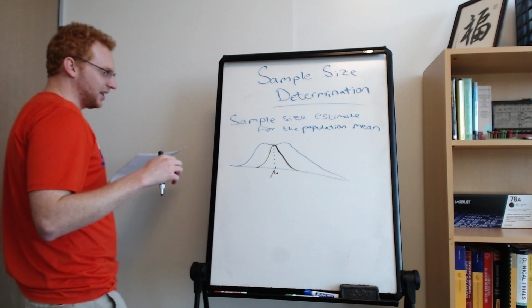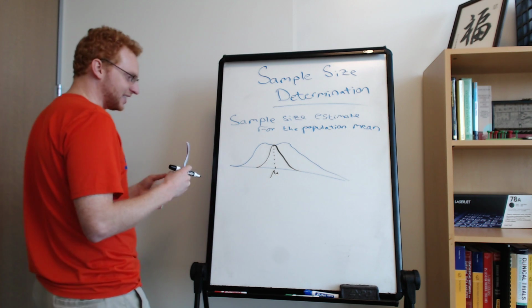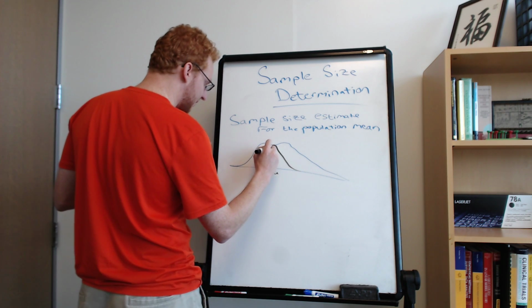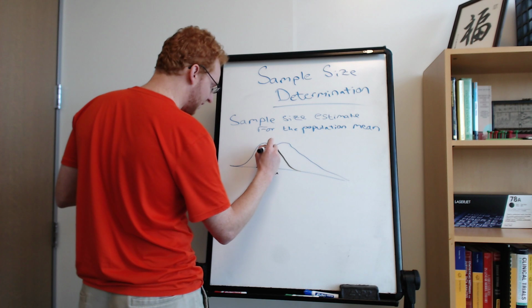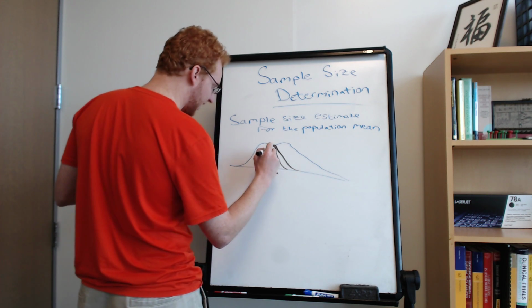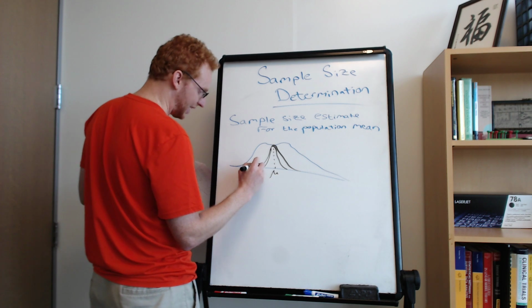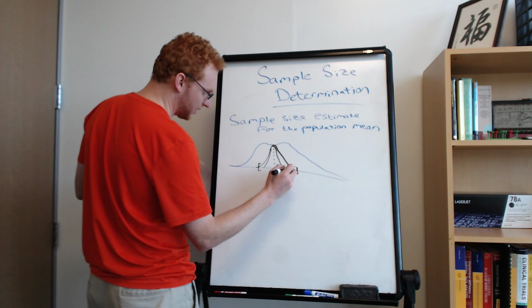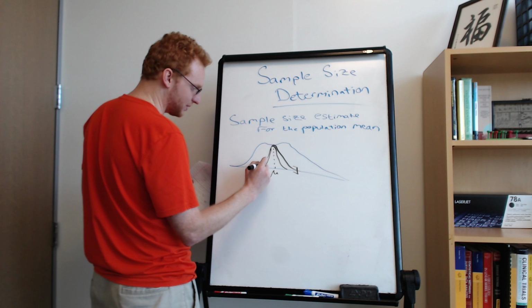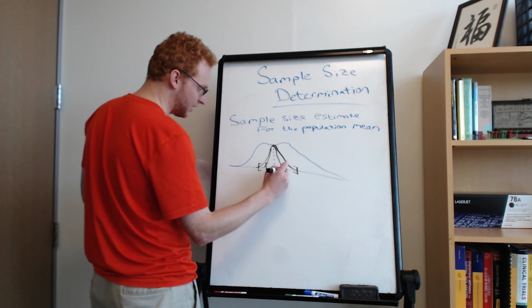And then intuitively, the more we sample, the less variance we'll have. So it'll be something like that. So if we calculate a 95% confidence interval for this last one, it'd be like this. But if we take a bunch more samples and calculate the confidence interval, it'll be like this.